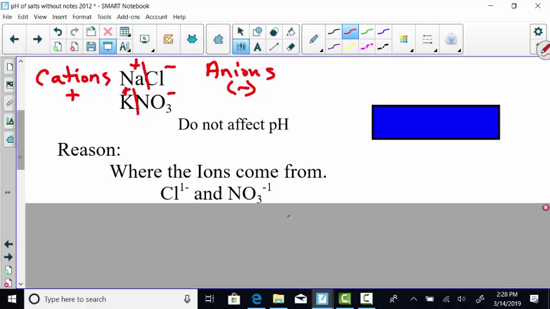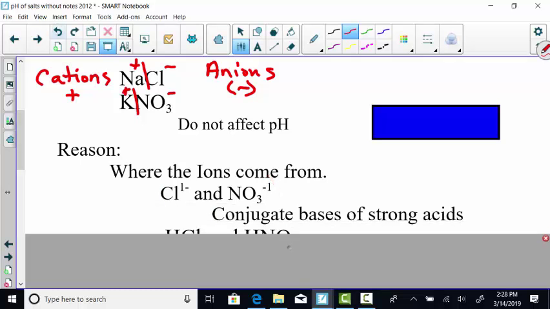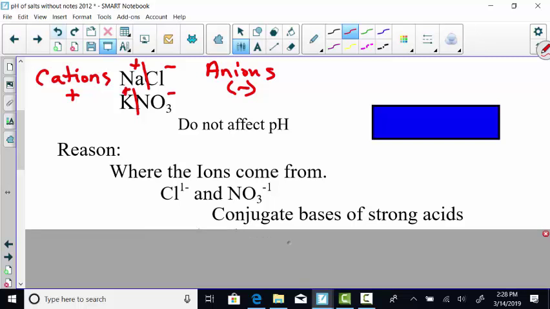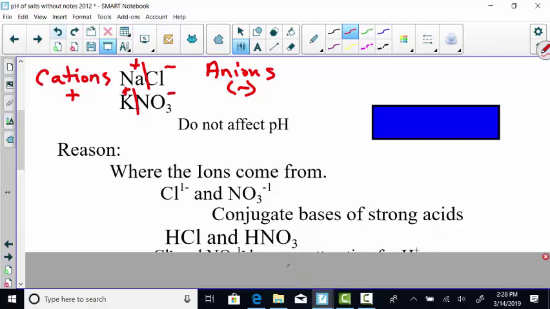It depends on where the ions come from, and we're going to start with the negative charges first. If I look at Cl and NO3, these are conjugates of strong acids. The acids that they're conjugates of are HCl and HNO3. So if I have HCl, its conjugate base is Cl minus. If I have HNO3, its conjugate base is NO3 minus.